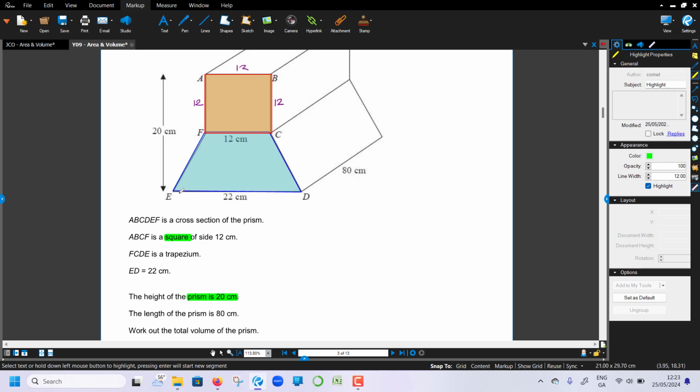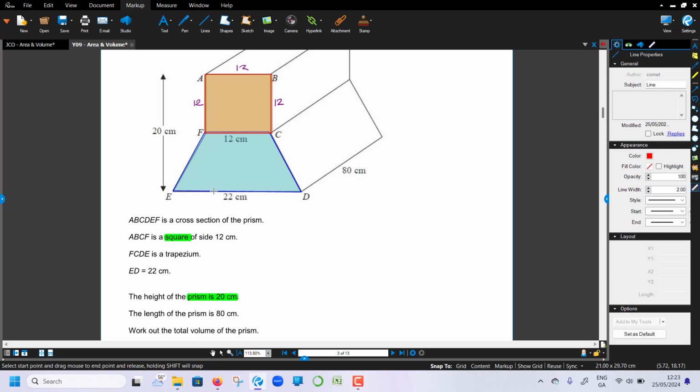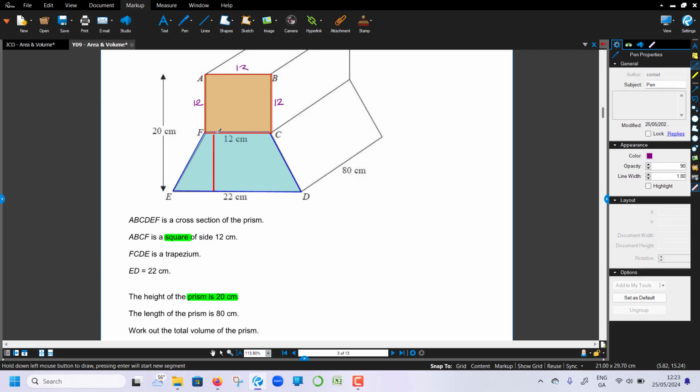Well, if AF is 12 and the total height is 20, what's this vertical height here going to be? Well, it's going to be 8, isn't it? Because that's 12 and that's 20. So that's going to be 8 centimeters. And that will help us. The length of the prism is 80.